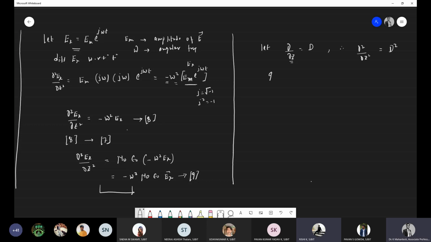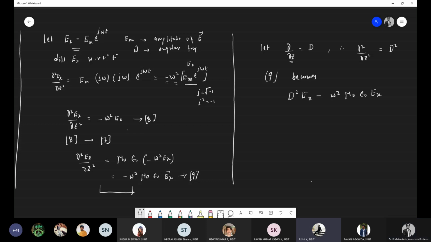Therefore, equation 9 becomes D square Ex minus omega square mu naught epsilon naught Ex.